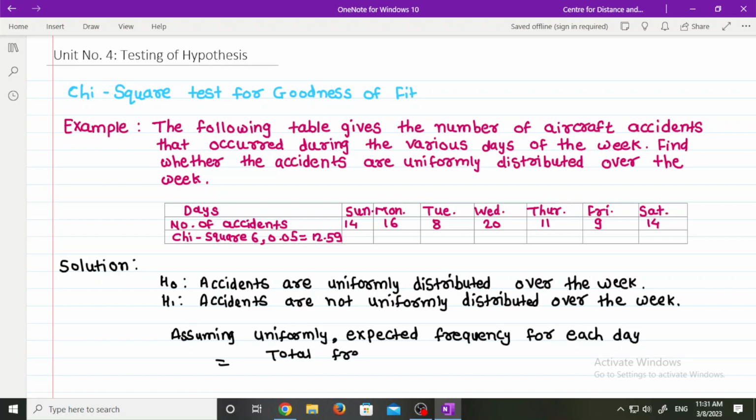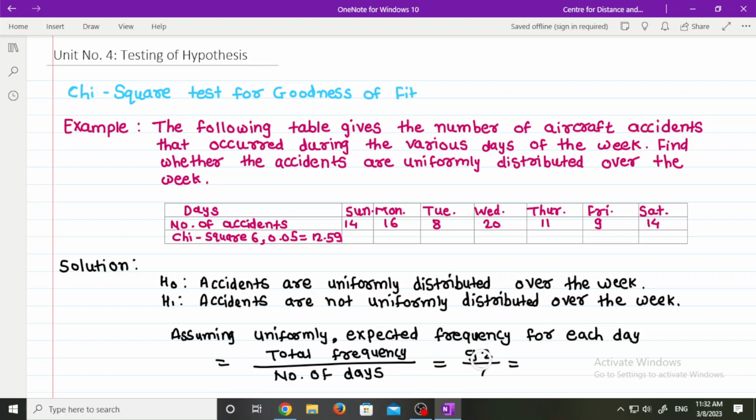Total frequency is 14 plus 16 plus 8 plus 20 plus 11 plus 9 plus 14, which is equal to 92. And there are 1, 2, 3, 4, 5, 6, 7, that is the number of observations is 7.